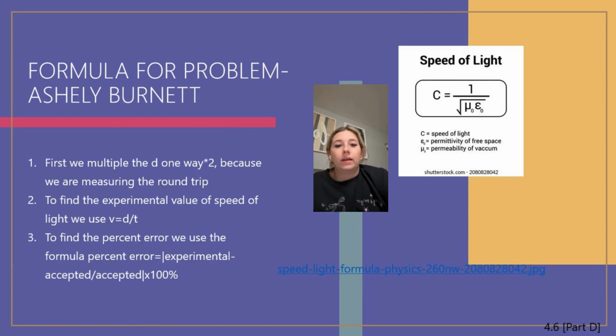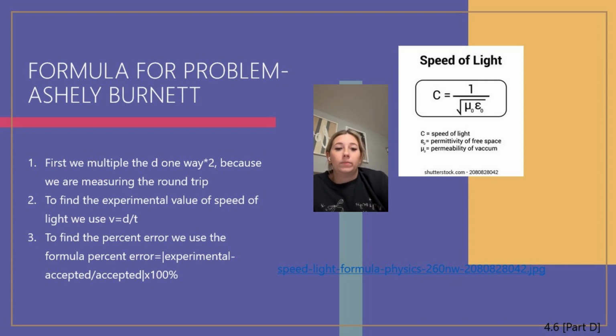The formula that I used for my problem is, first we're going to multiply the distance one way by 2 because we're looking for the round trip. And then to find the experimental value of the speed of light, we use V equals the distance divided by time. And to find the percent error, we take the experimental value minus the accepted value, divide by the accepted value, times 100%.